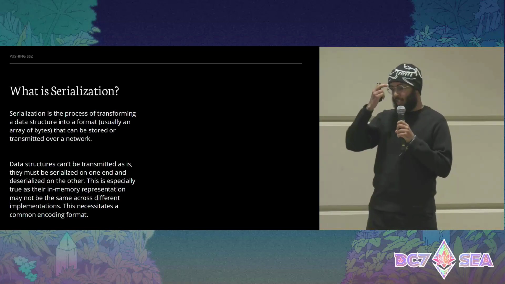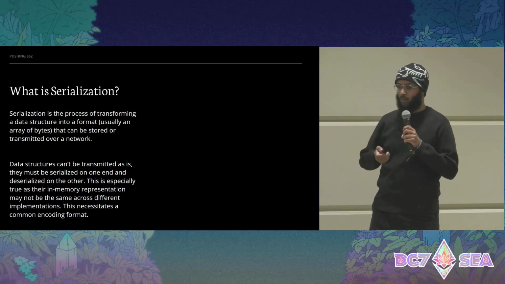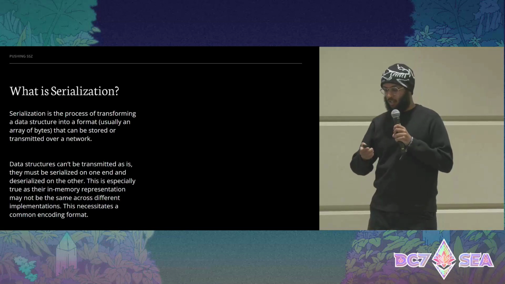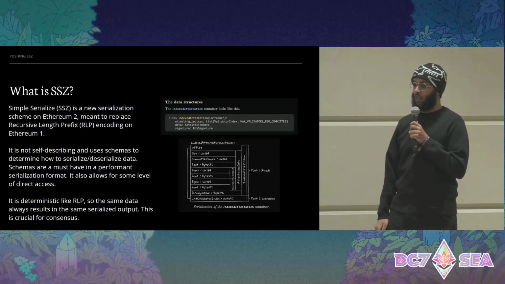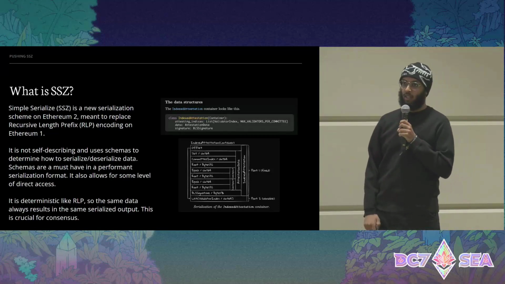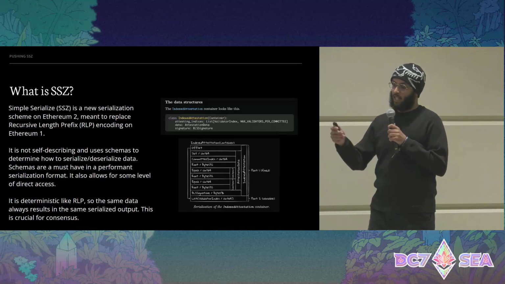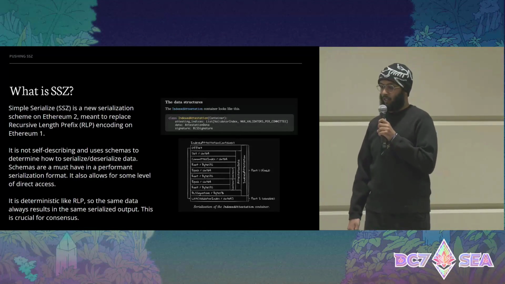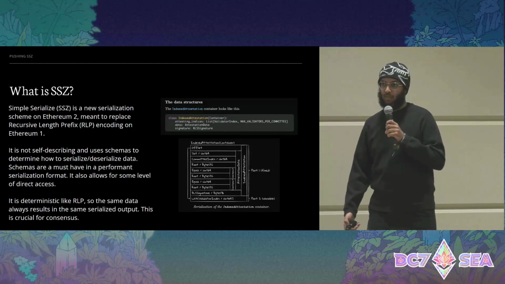Normally, data structures can't be transmitted as is because of different in-memory representations and such. SSZ is the serialization scheme on Ethereum 2 meant to replace RLP on the execution layer. It has a few improvements like schemas, which are a must-have in a performance system.